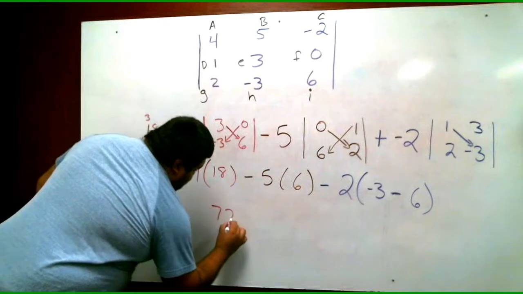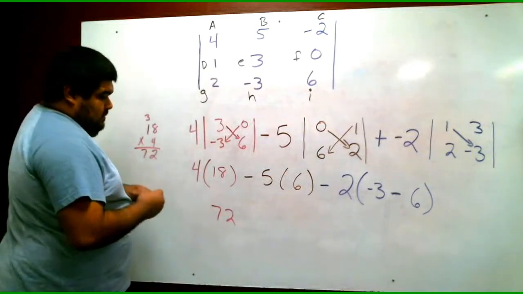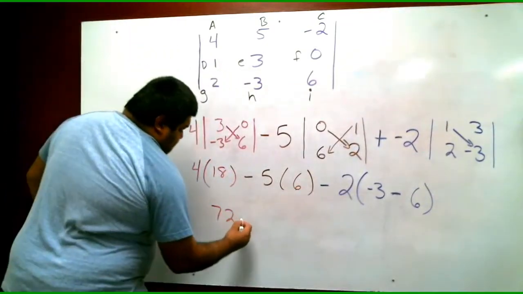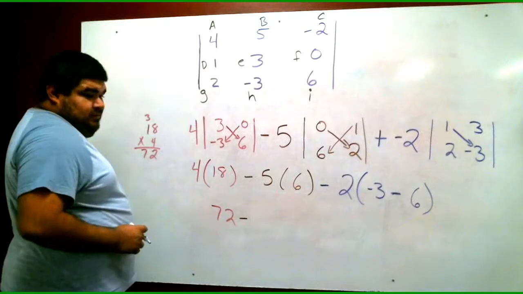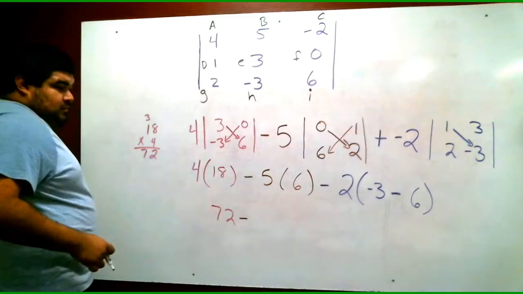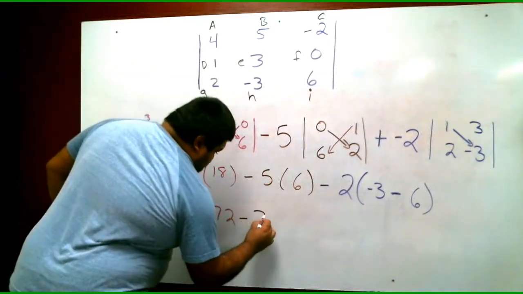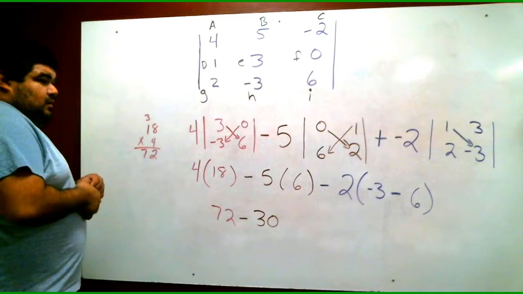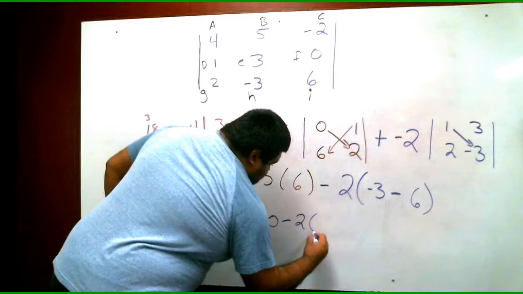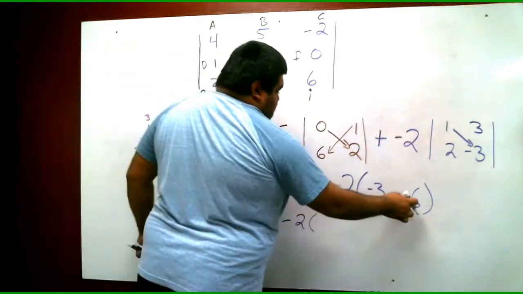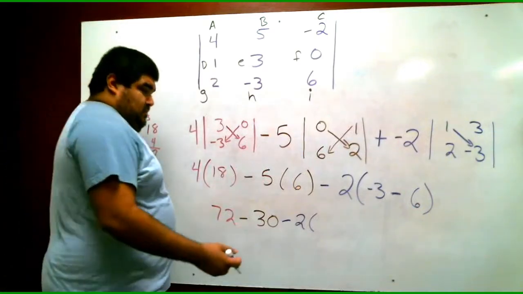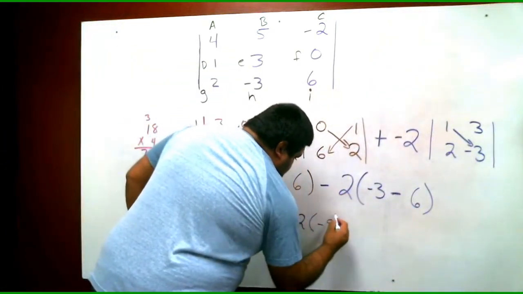So we have 72 minus, this became this, 4 times 18 became 72, minus 5 times 6, which is 30, right? And then the final piece, we're going to keep the minus 2 for now, times negative 3 minus 6. Notice that they're both negatives. So we add them and keep the negative, minus 9.